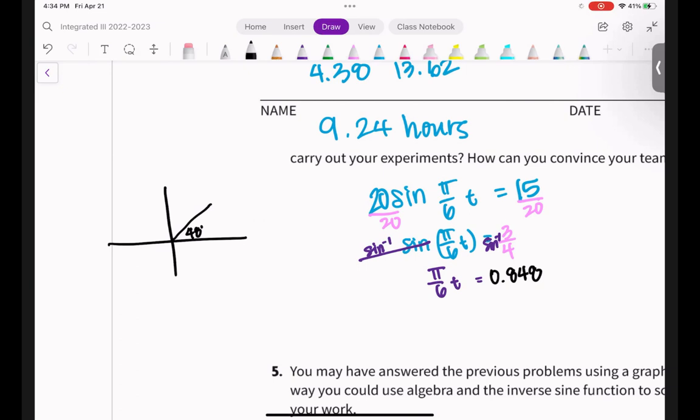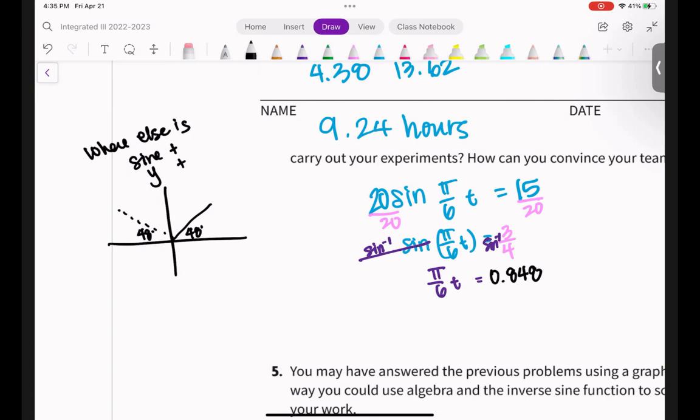And you're like, oh, Miss Johnson, that means where y is positive, right? And I say, yes. And you're like, oh, it's above the x-axis. So you're right. It's also here. So that's the other angle, right? So it's going to be 180 minus 48 is my other answer.